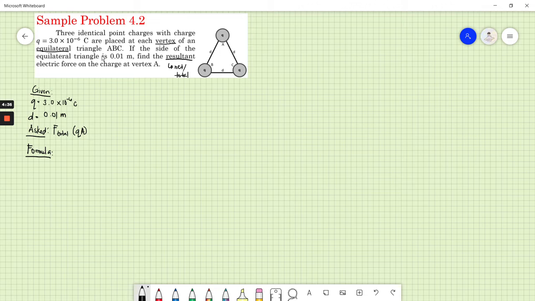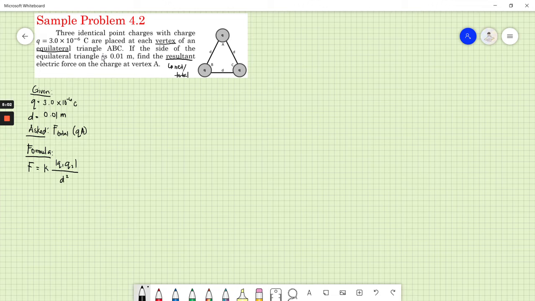That means kailangan natin hanapin yung total force na ginagawa ni QB kay QA. In order for us to solve for that, that's Coulomb's law. So F is equal to K multiplied by the absolute value of Q1 times Q2, divided by the square of their distance.